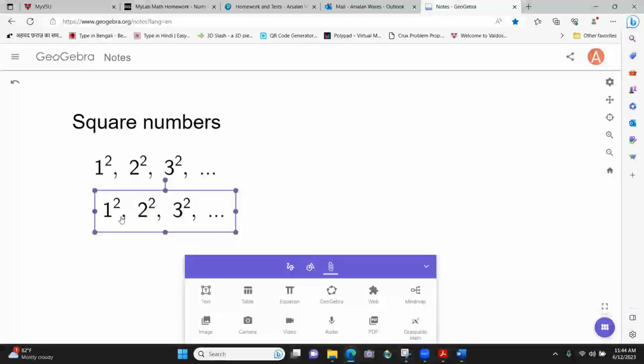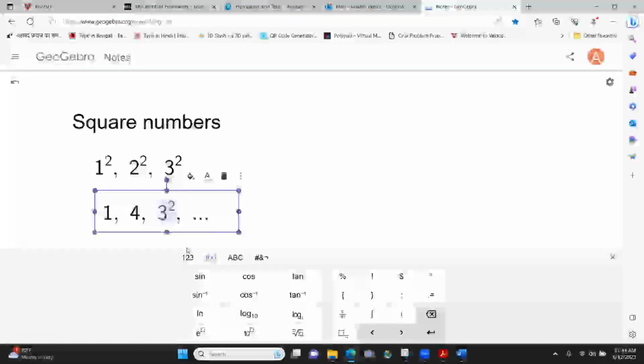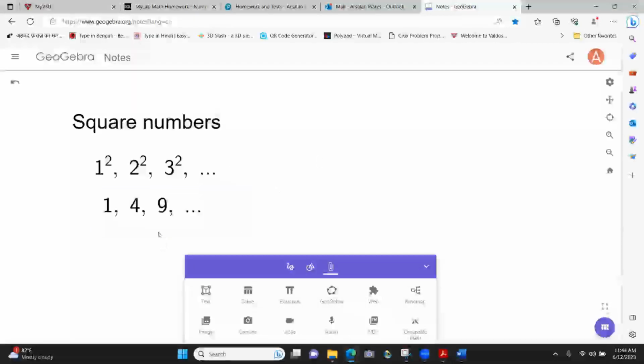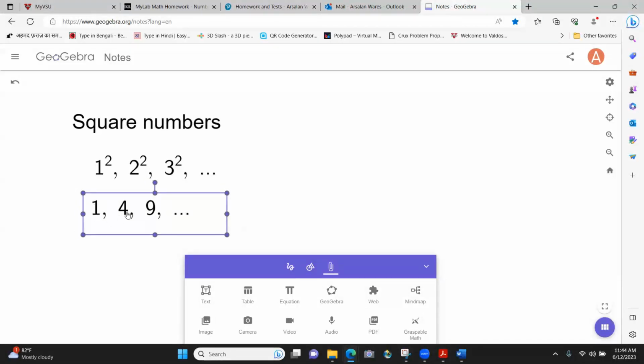Now, these numbers are what, really, guys? They won't do it so nicely for you, right? Here's the kind of pattern they'll give you: 1, 4, 3 squared is 9. So if you see something like this, 1, 4, 9, they want you to find the next number. You have to notice that the first one is 1 squared, the second one is 2 squared, the third one is 3 squared.